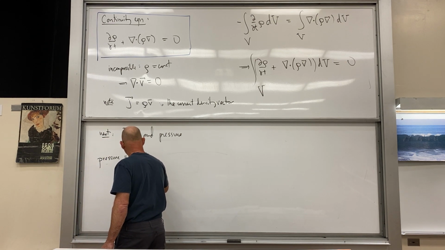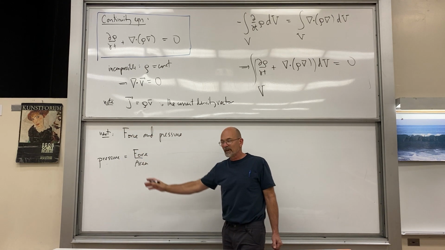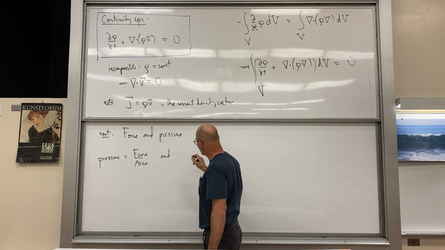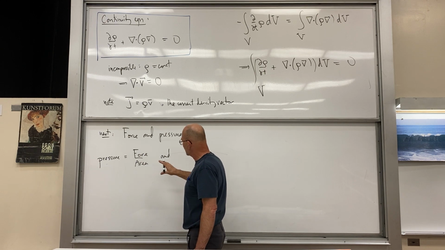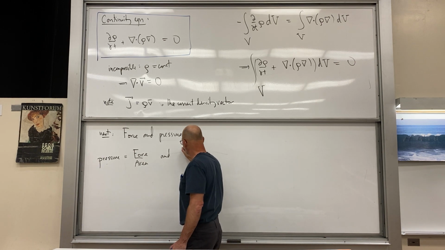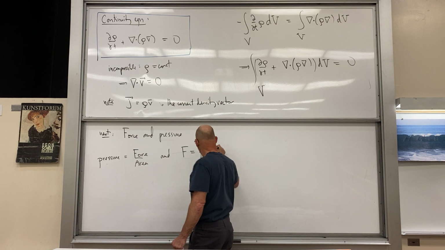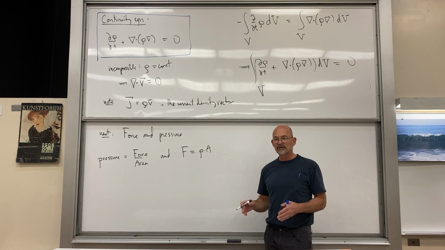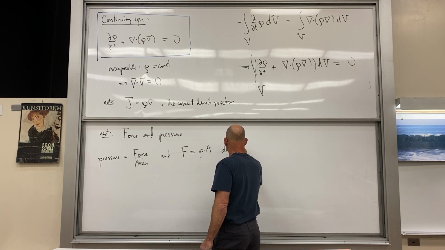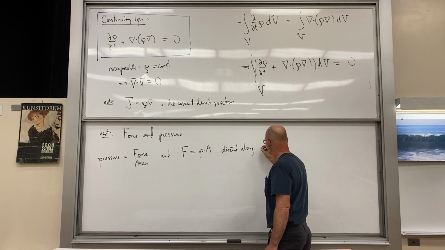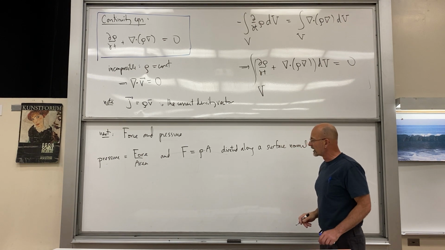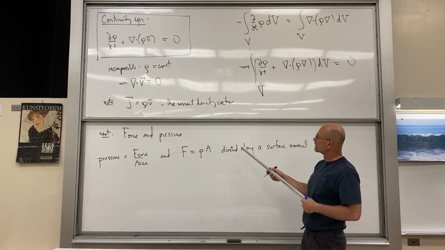Force per area, Newton per meter squared, Pascal. And Pascal's principle is really that in a fluid, the force due to the pressure is equal to the pressure times area, so F equals P times area, and it's directed perpendicular to whatever surface of contact there is. Directed along a surface normal. So when you turn that into a vector, you're directed along surface normal.